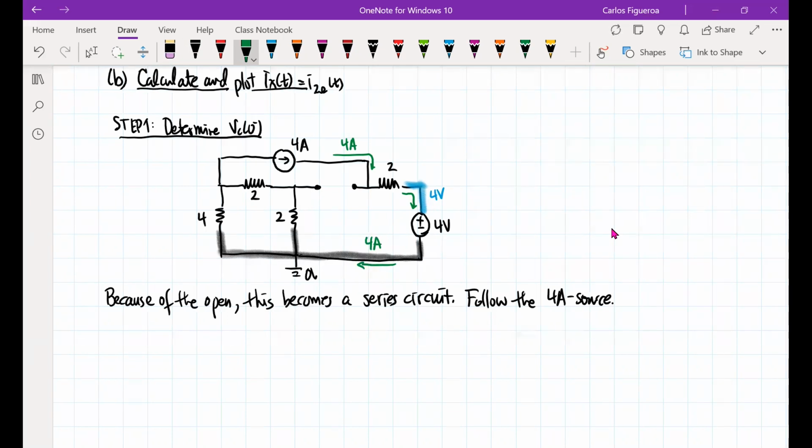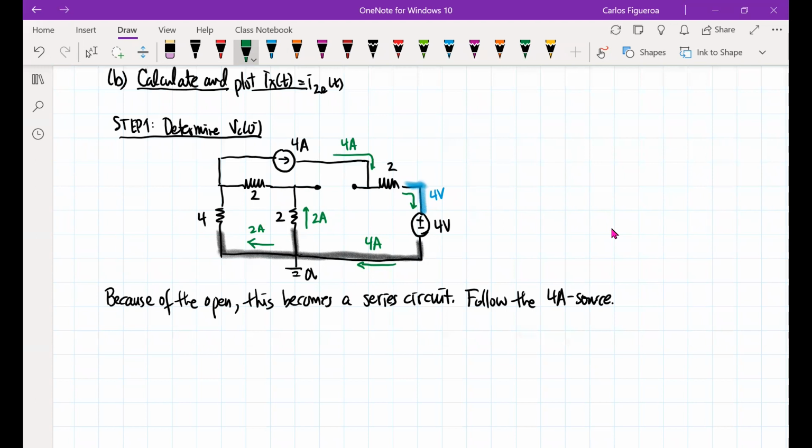Because of that open, if I go to the right branch for the two ohm resistors, it's got to split, because the right side is 4, the left is 4. So that means I'm splitting this where 2 amps goes this way and 2 amps go that way.